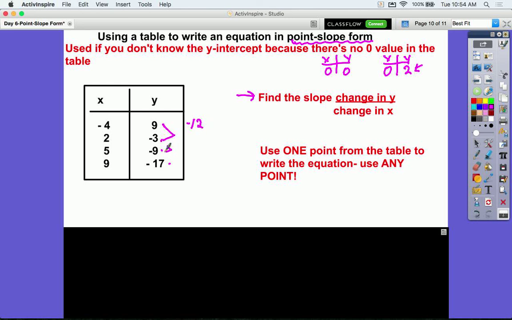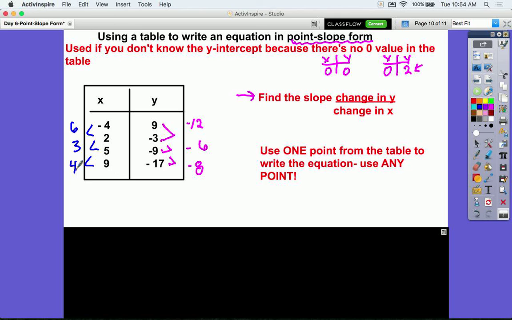From negative 3 to negative 9 is negative 6. From negative 9 to negative 17 is negative 8. It's okay that those y values change at a different rate because what you're going to see is my x values from negative 4 to 2, up 6, from 2 to 5, up 3, from 5 to 9, up 4.